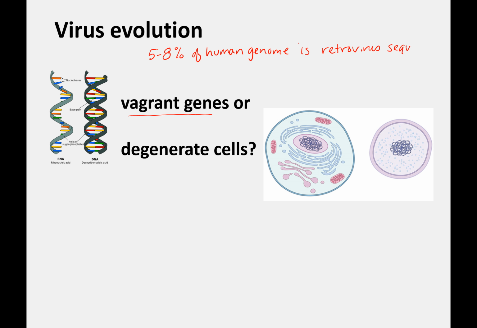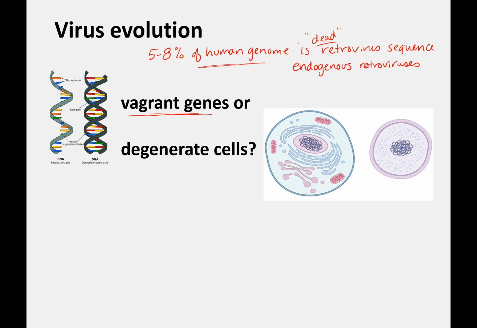Yes, like HIV is a retrovirus. Now these are dead in the sense that they cannot replicate, they can't make virus. They're called endogenous retroviruses. But because they look like viruses, the idea is maybe these were genes that kind of just moved around.